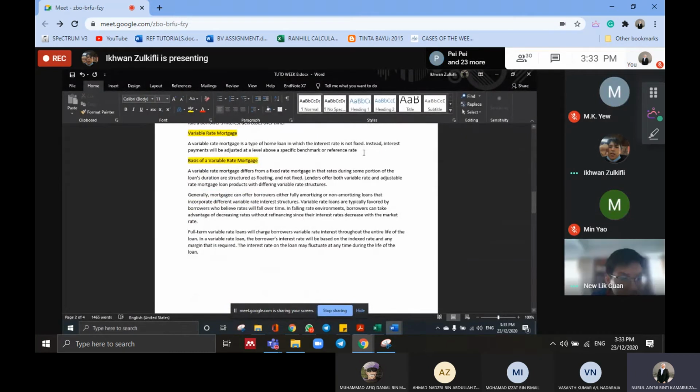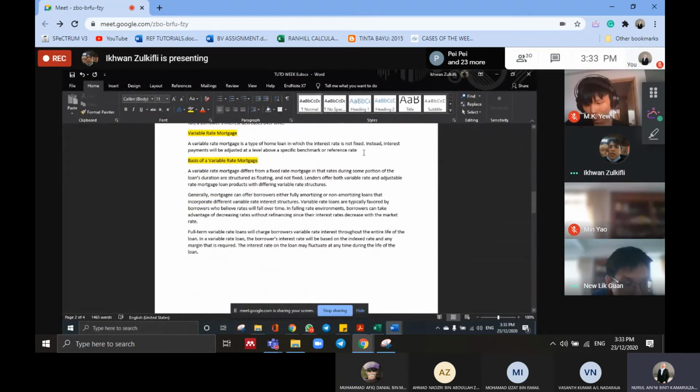Okay, hold on. I want to ask about the second paragraph under the basis of variable rate mortgage. At the end of the first line, it says either fully amortizing or non-amortizing loans. What does non-amortizing loans mean?